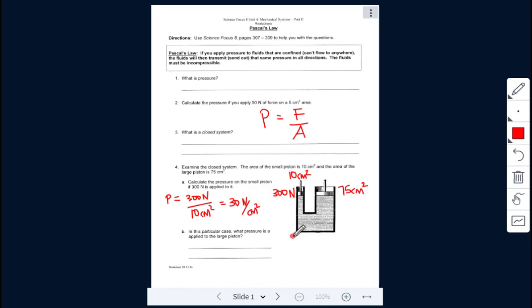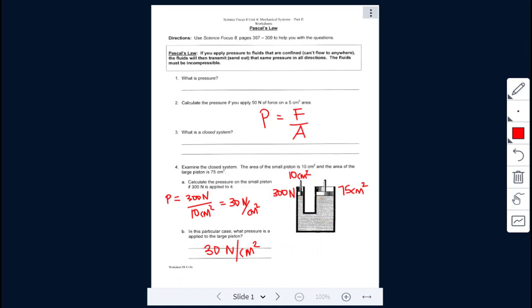So if that's the pressure when we push down on the small piston, what's the pressure applied to the large piston? Because of Pascal's law, it's going to be the same pressure in all directions. So the pressure is still 30 newtons per centimeter squared. All right, the pressure doesn't change.